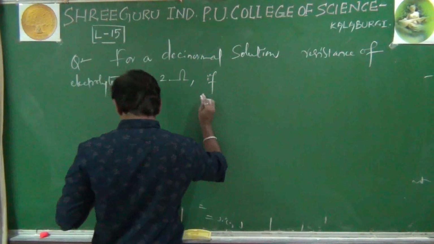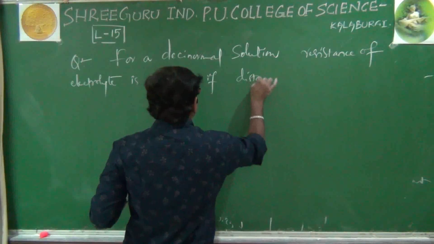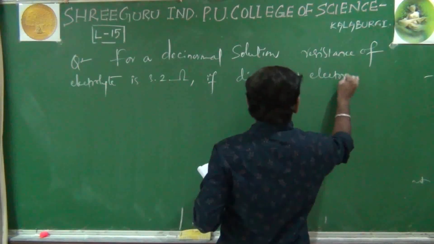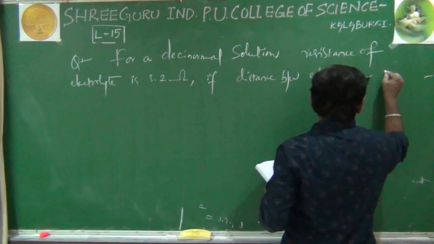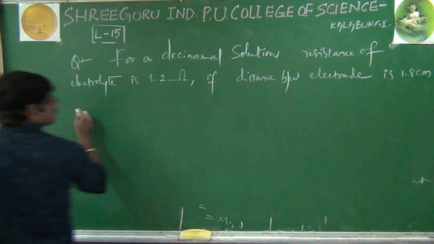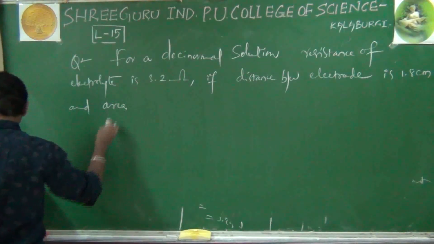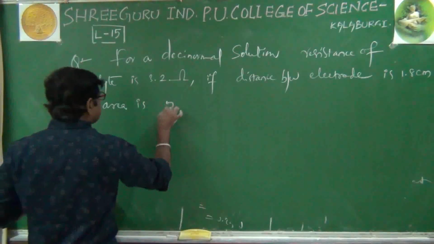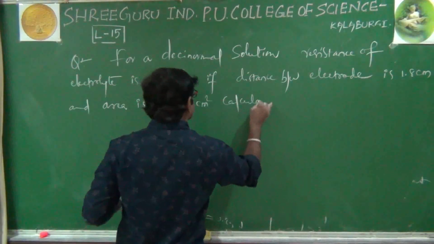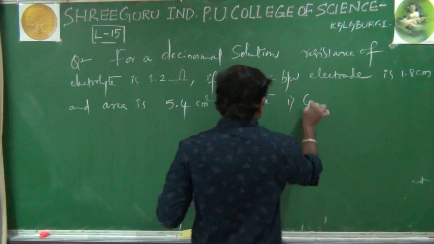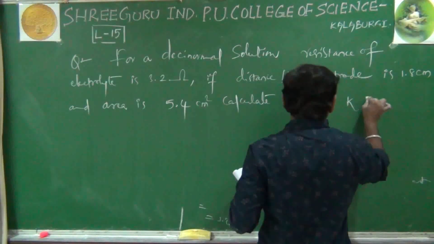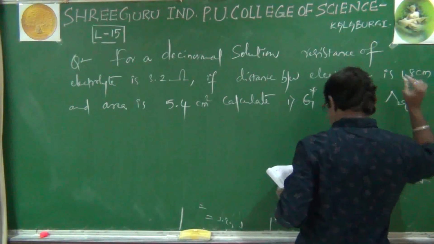If the distance between electrodes is 1.8 centimeters and the area is 5.4 centimeter square, calculate: number 1, G star, the cell constant; number 2, K; and number 3, equivalent conductance. That's it.